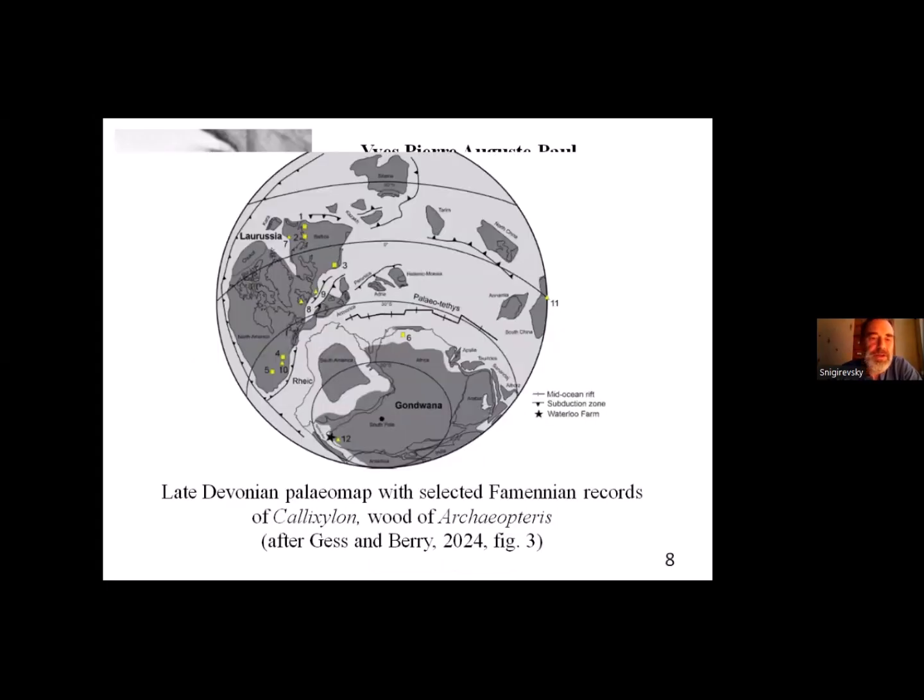Here is an example of the distribution of different localities of Frasnian and Famennian woods. There are a lot of European and American forms, as well as forms in South Africa and Siberia, and here is a Frasnian locality.